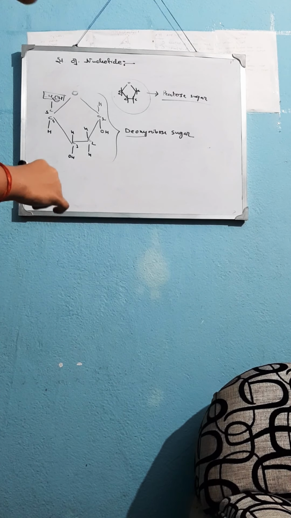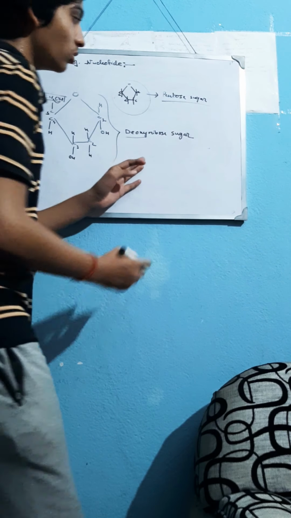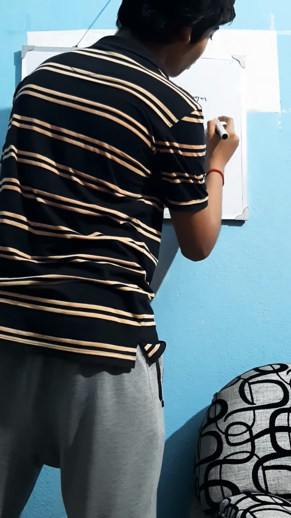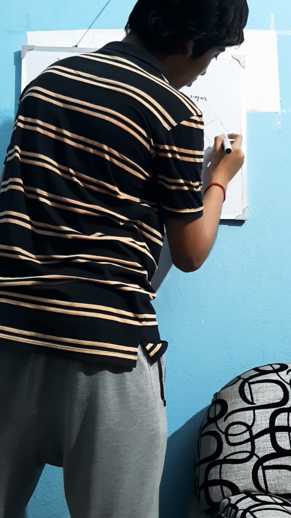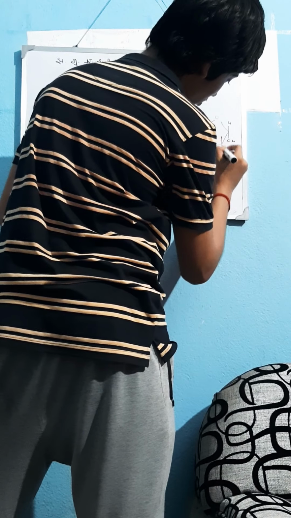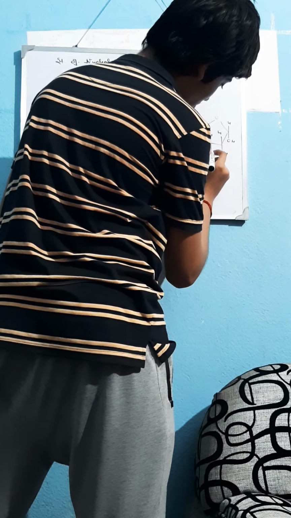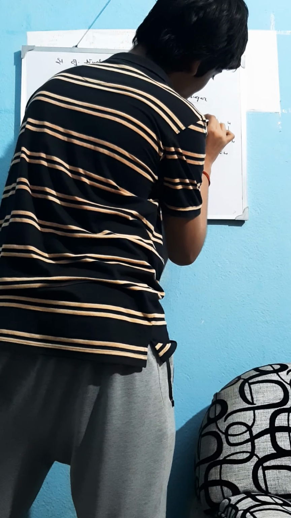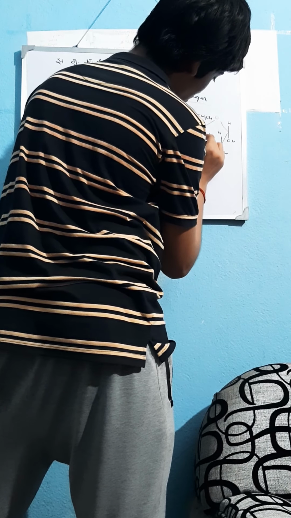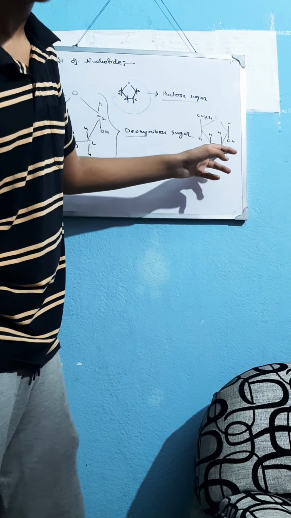It is called deoxy since one oxygen is lacking in this structure. In the other structure, you see an O has been added over here.